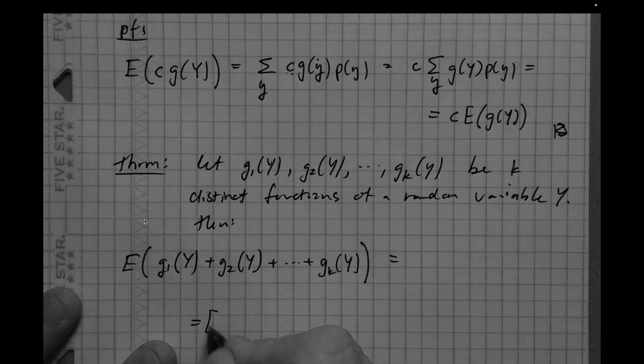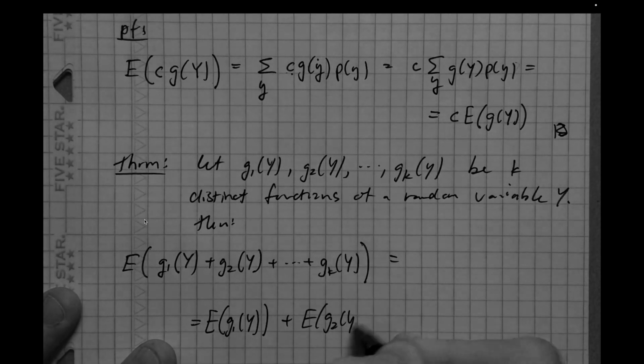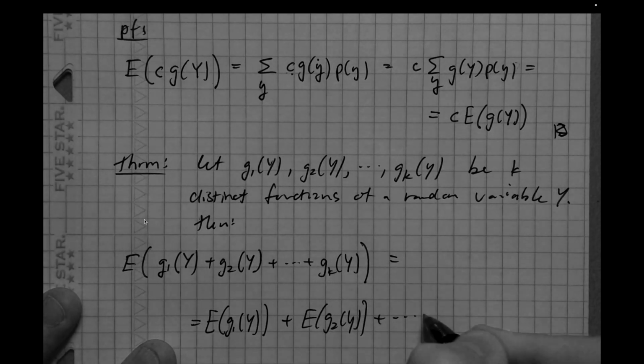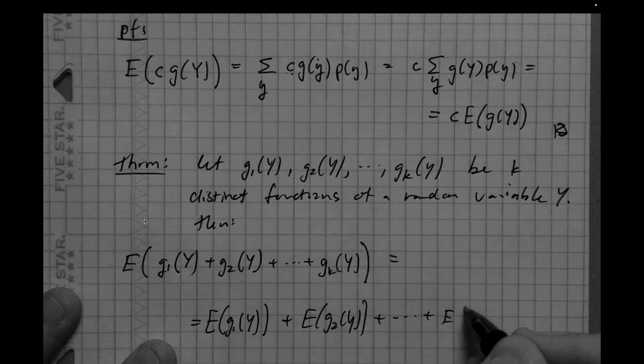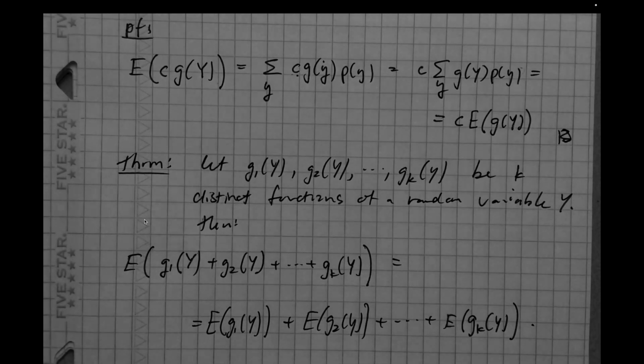So that's equal to the expected value of g1 of y plus the expected value of g2 of y plus up to the expected value of gk of y. Just like you would kind of expect, right? You've probably seen things like this in the algebra world.